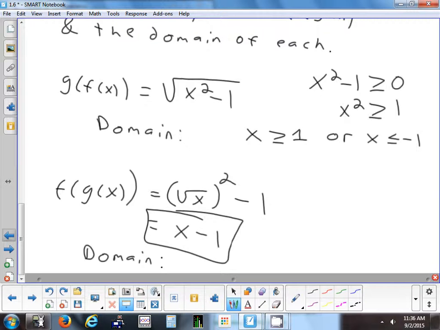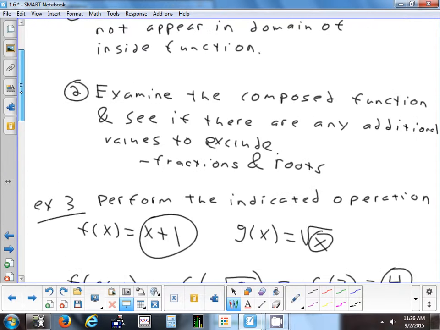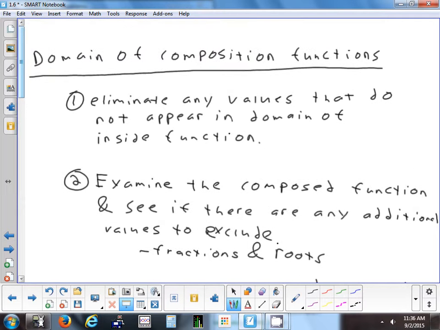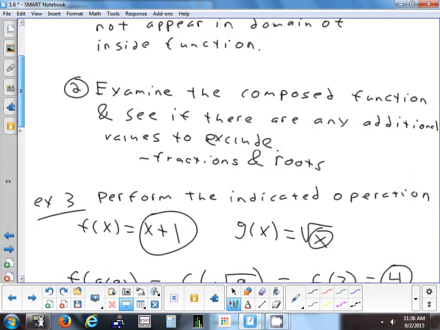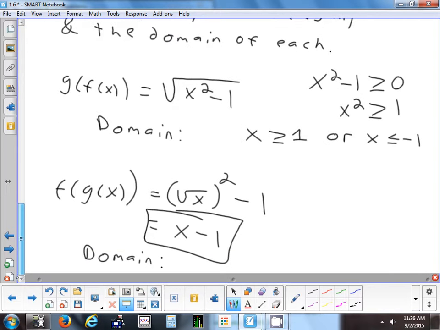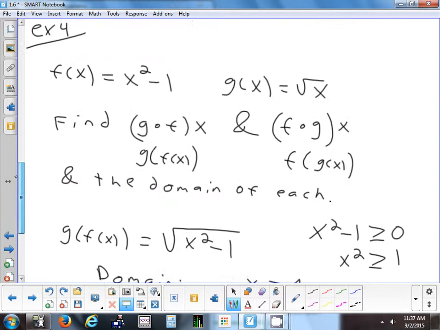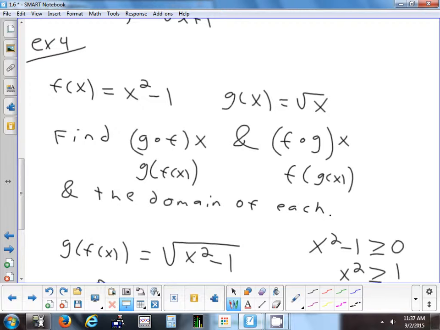Okay, now here is where you have to be careful. If you just looked at the final answer, you'd say there's no restriction. We've got to check and see if there's any values that were not in the domain of the inside function, g of x. Are there any restrictions on g of x? Derek? It can't be negative.